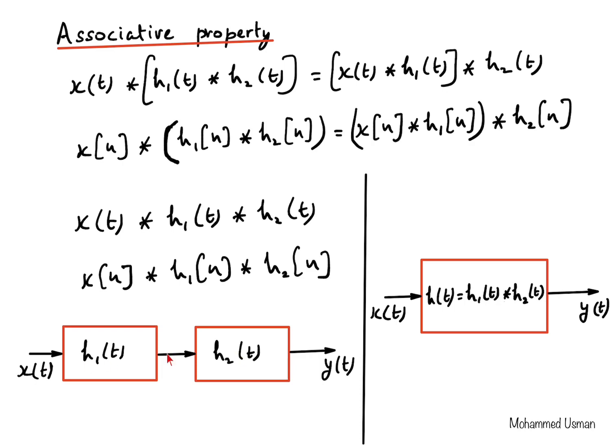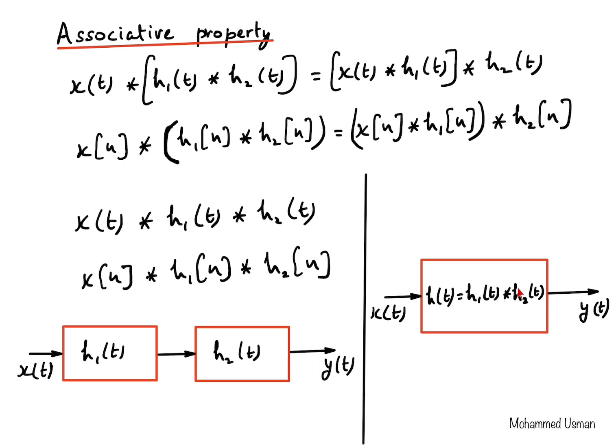Okay, so rather than having two systems in series, h1 and h2, producing an output y of t for an input x of t, we can replace those two systems with a single system whose impulse response is the convolution of these two individual impulse responses, and the system characteristics will be the same as these two systems in series.